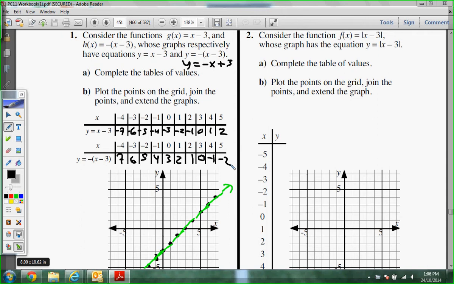Okay, so plot this one. I have 0, 3, 0, 3 up, 0, 3 here, and it's going down. So this is my negative graph.